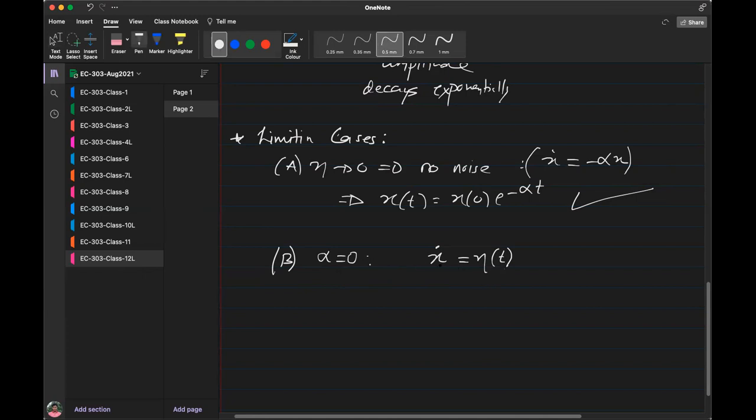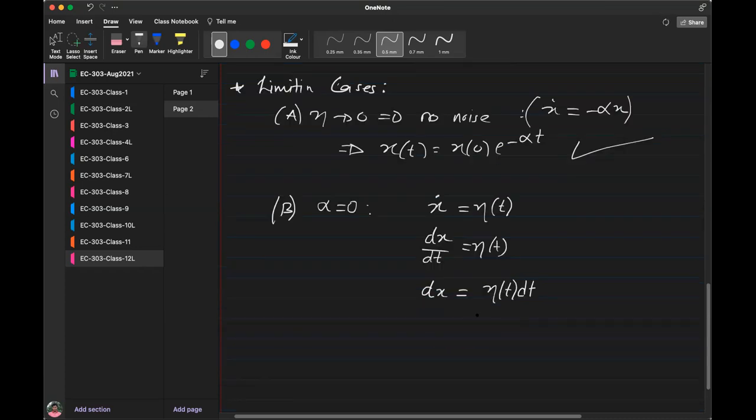But what does this equation mean though? Forget that part of the dynamical system, population dynamics and critical point. What does this equation mean? So let's write that in a discrete form. This is dx by dt, right? Let's write this in the following way: dx is equal to eta of t dt.